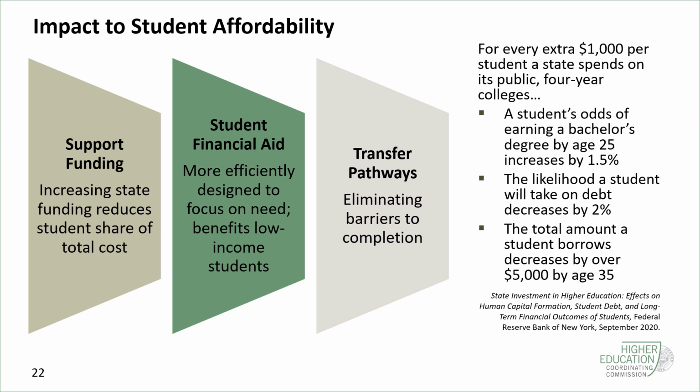And so on the right-hand side, research shows, for every additional $1,000 a state spends on its public four-year colleges and also two-year schools, the students' odds of earning a degree increase, the students' odds of taking on debt decrease, and the total amount of debt that a student owes generally is less over time.